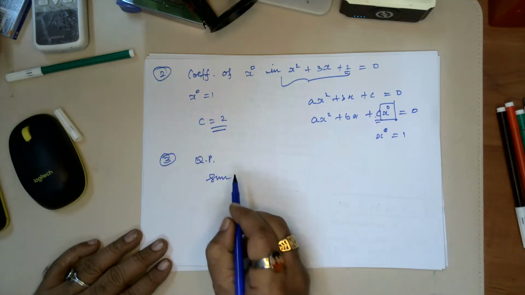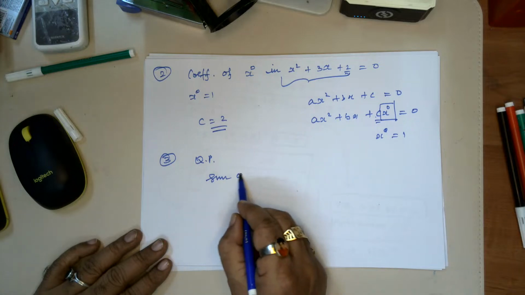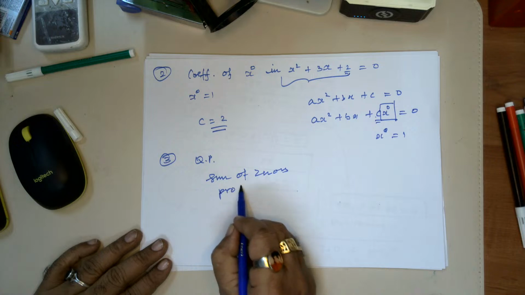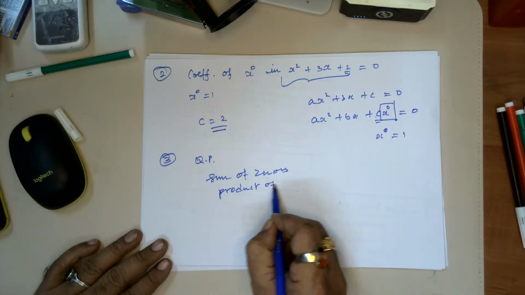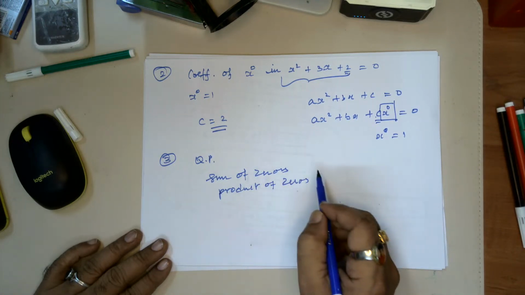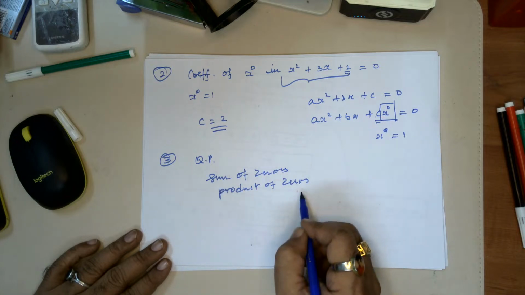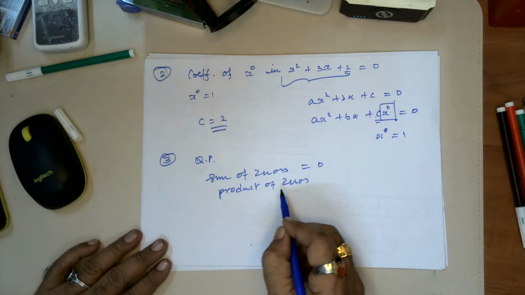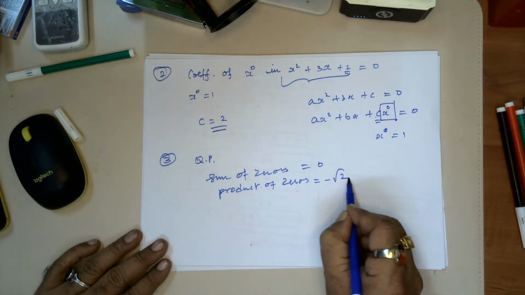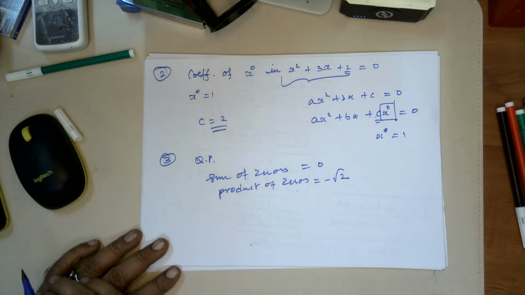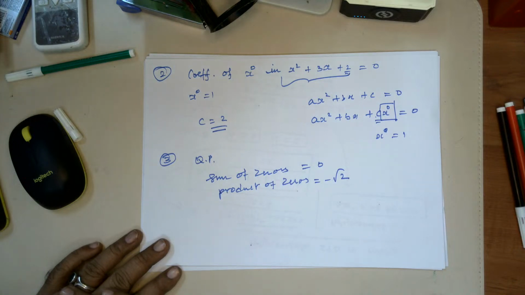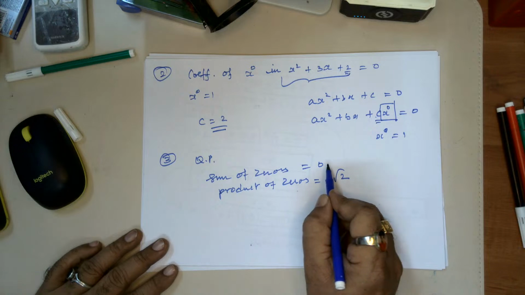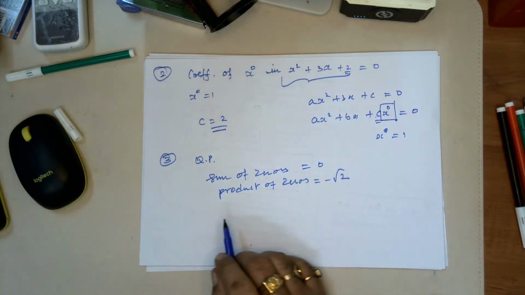The sum of zeros and product of zeros are given as 0 and minus root 2 respectively. So find a quadratic polynomial, the sum and the product of whose zeros are 0 and minus root 2 respectively.